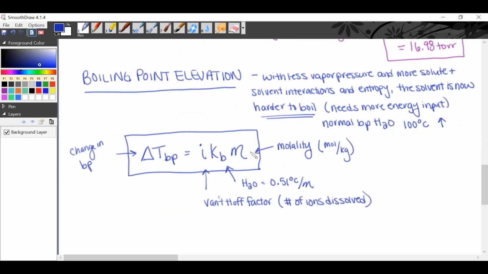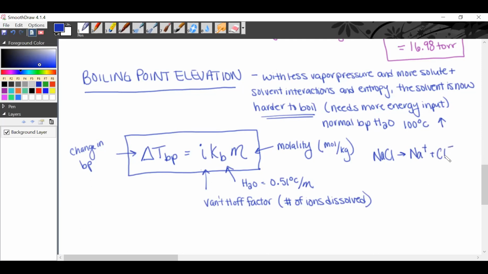Here's the thing with molality, you guys. If I calculate the molality of NaCl, which was the solute we've been talking about all day, it does not take into account the fact that when NaCl goes into solution, it breaks apart into Na+ and Cl-.